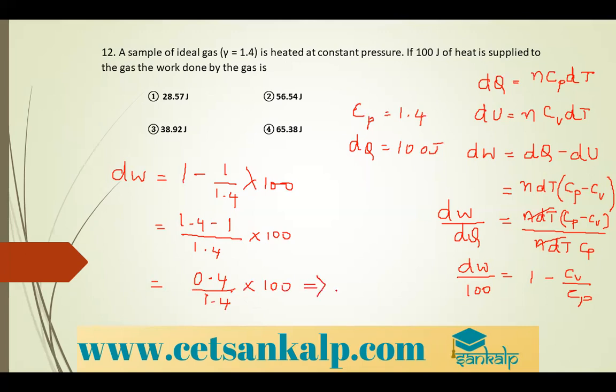So finally you can write it as 4 by 14 into 100. 2s are 7s are, so 200 by 7 is 28.57 joules. Option A, that is option 1. I hope you are clear with this.